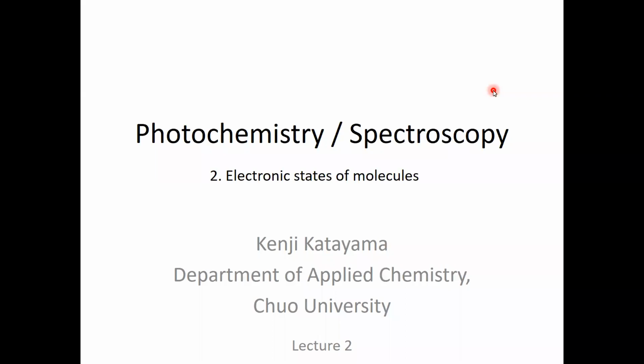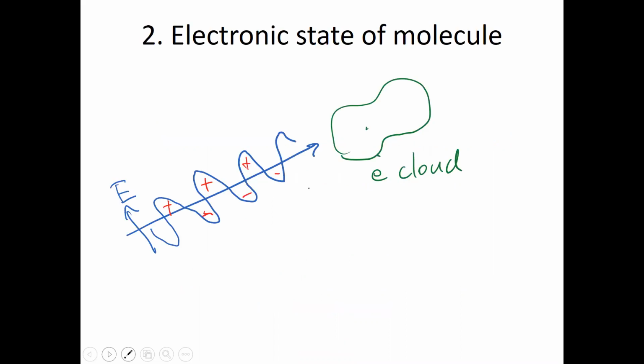In lecture 2, we will review the electronic states of molecules. As we've already mentioned, light is made of the electric field and magnetic field, but mostly the electric field is going to interact with the molecules, but not directly the molecules.